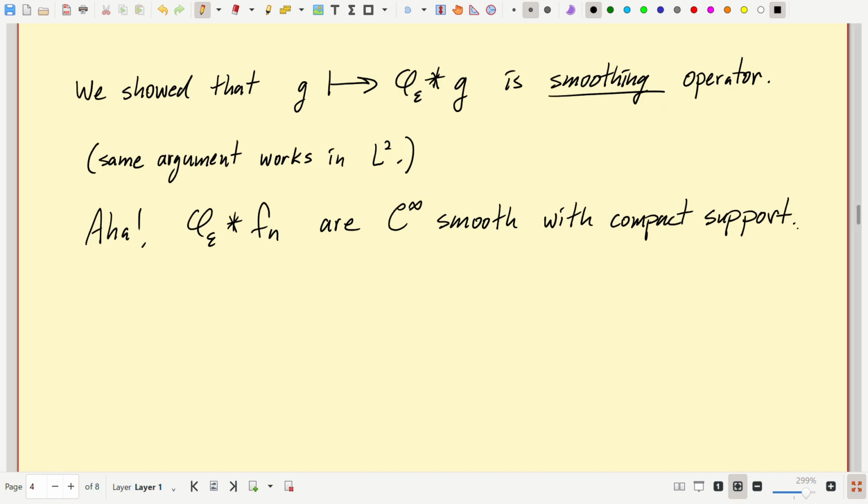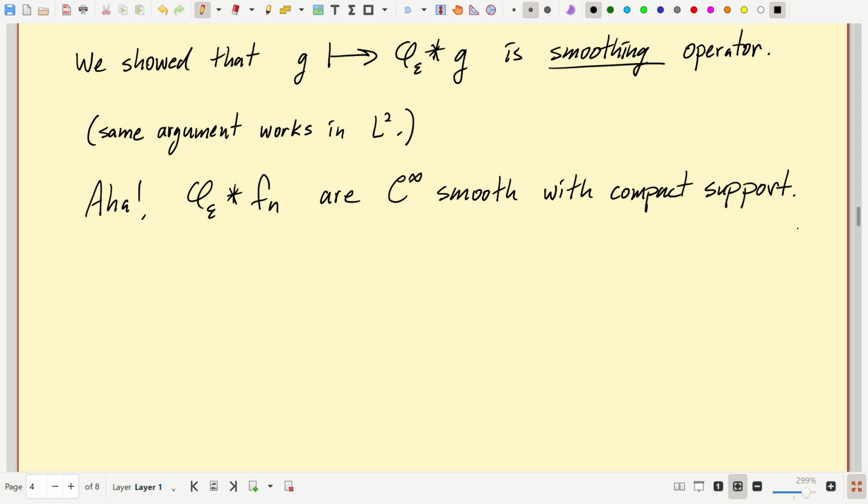Okay, that's a true fact. Then the next step, I'm not going to do it, there's something called Young's inequality about convolutions.